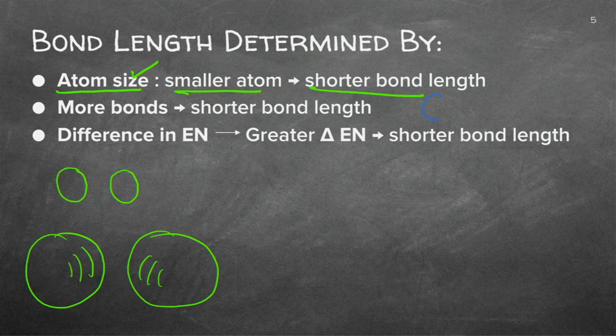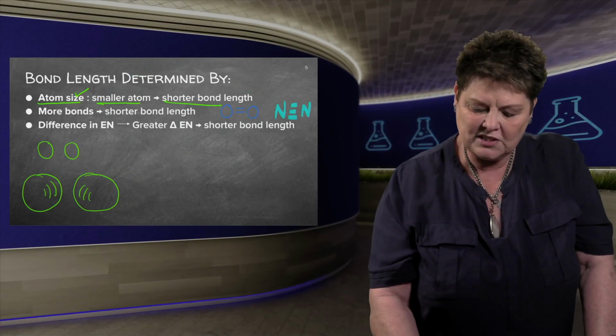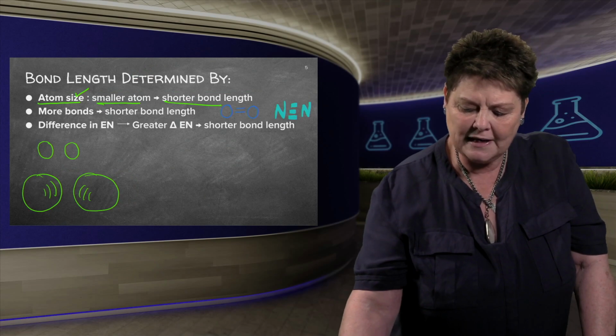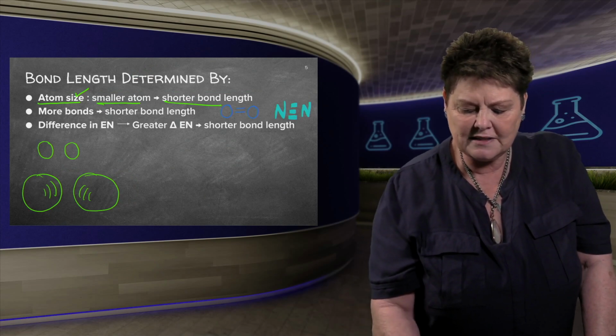Let's say, for instance, oxygen will have 2 bonds, whereas nitrogen will have 3 bonds. So it depends on the number of bonds that's forming. And then finally, we've done electronegativity.